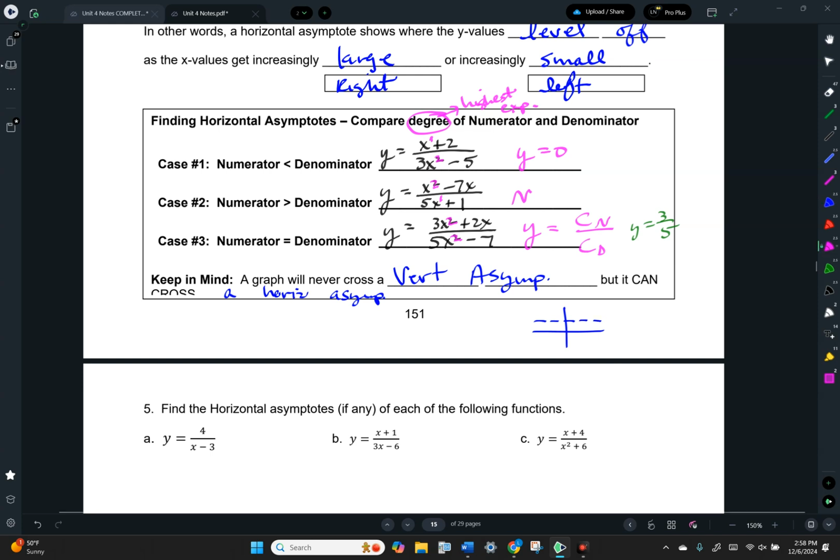As you're going way far out to the right, your graph might level off at 1. But who knows, maybe in the middle it crosses over, and then as you go out to the left, it comes back down and crosses over. So again, the horizontal asymptote is about what happens at the end of the graph, not necessarily what happens in the middle of the graph.